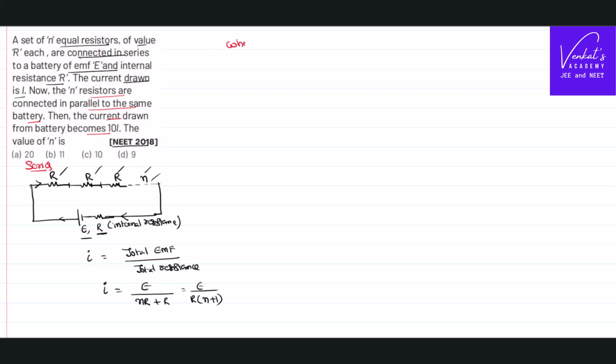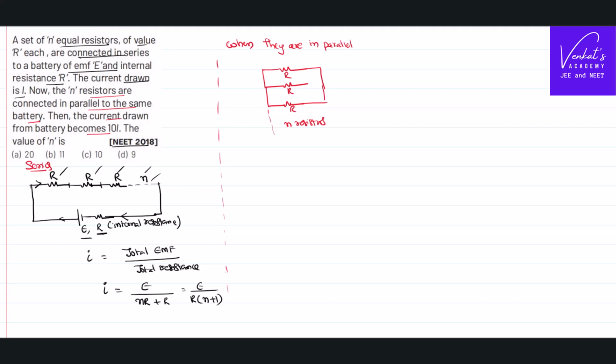Let us see the next part now. When the resistors are all in parallel, I can draw a diagram and show it to you. This is R, this is one more R, this is one more R. Like that there are n resistors.